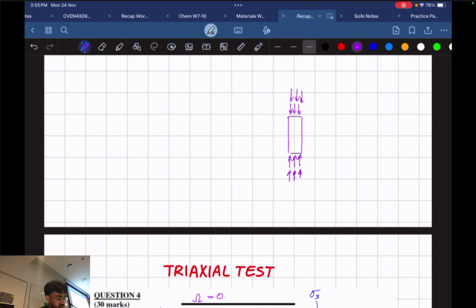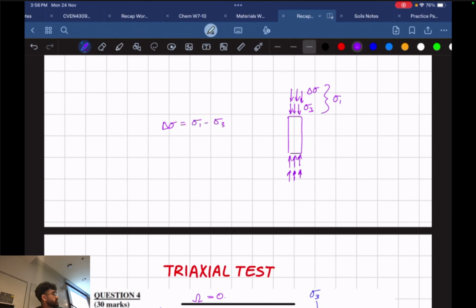That's given by delta sigma. This is sigma 3, and the combination of these is sigma 1. So when they tell you principal stress difference, this is what they're talking about.